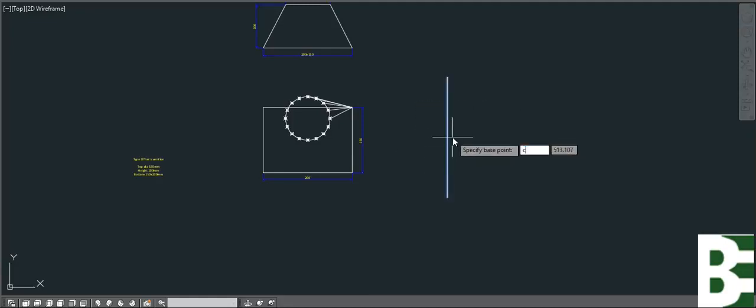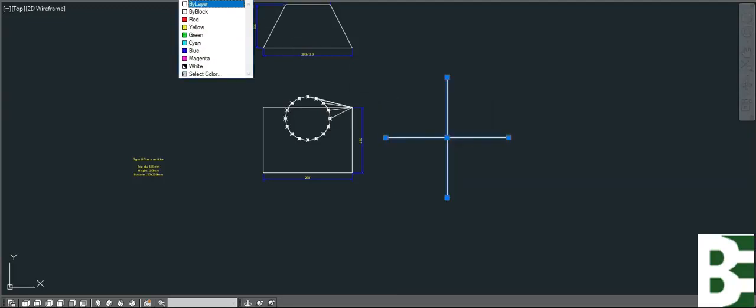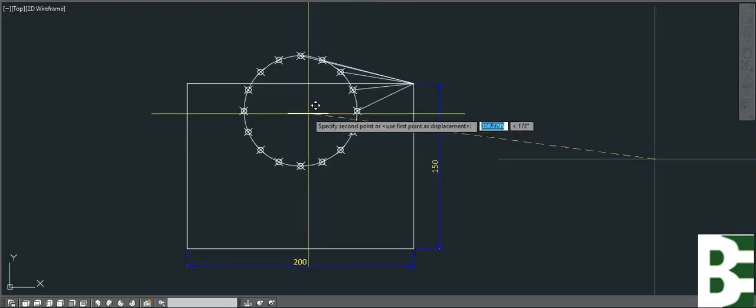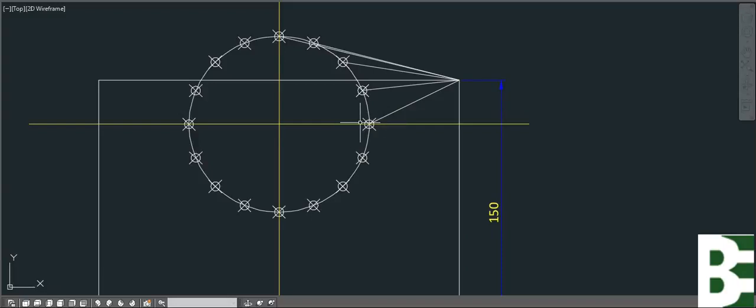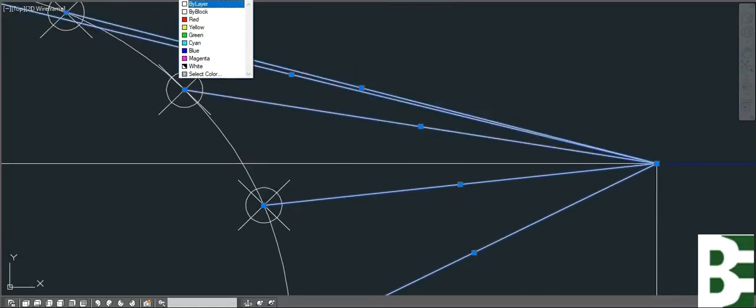These should be 4 equal divisions. It means at each 90 degree angle you need some points. For example, I put this in the center of the circle. Look here, the bottom and the top, I have some points for division.